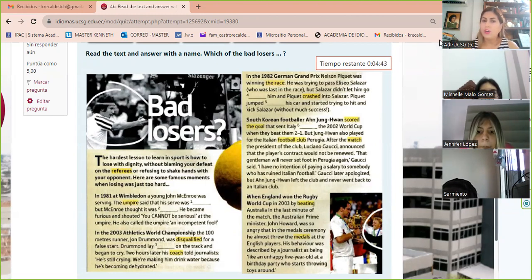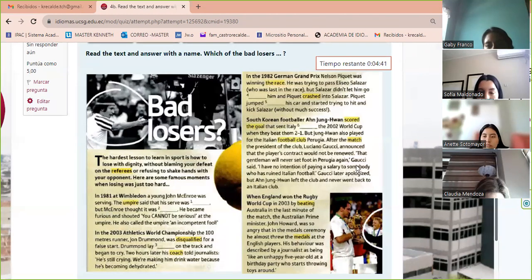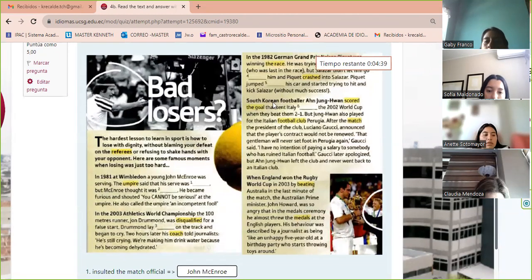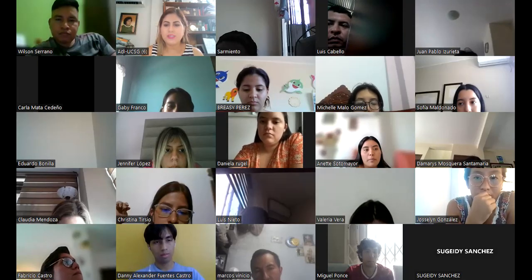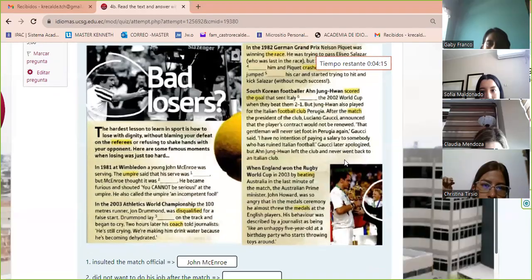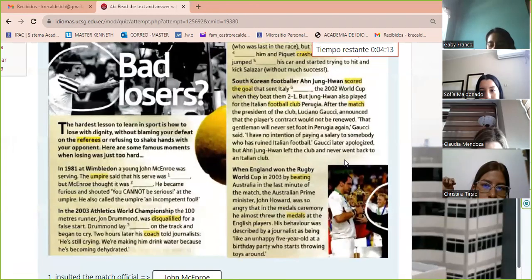South Korean footballer Ahn Jung-hwan scored a goal that sent Italy out of the 2002 World Cup when they beat them 2-1. But Ahn also played for the Italian football club Perugia.